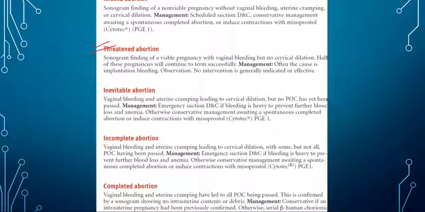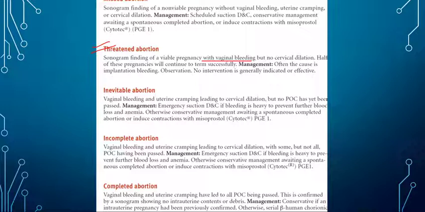Threatened miscarriage means that a patient, like a 10-week or 8-week pregnant patient, comes to you with per vaginal bleeding, but there is no abdominal pain. Most of the time, threatened miscarriage presents with just per vaginal bleeding with no pain. Sometimes mild pain can be there.